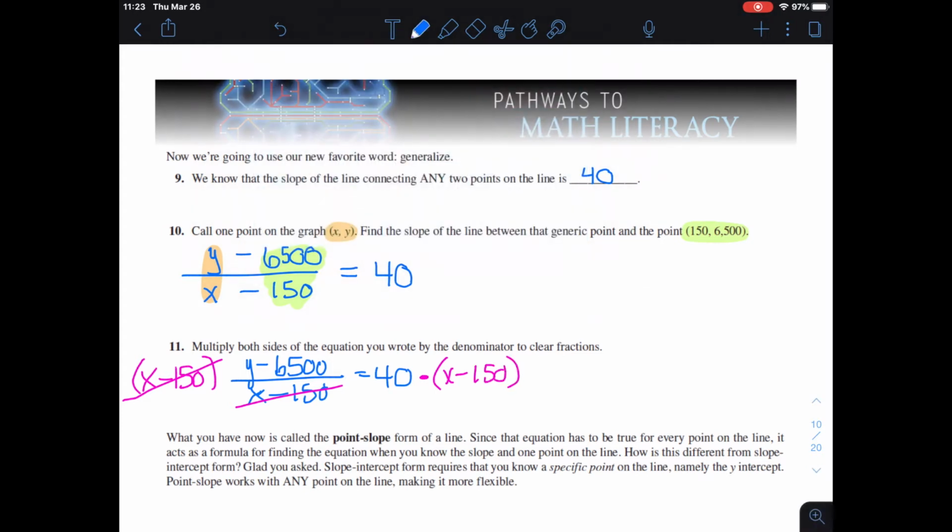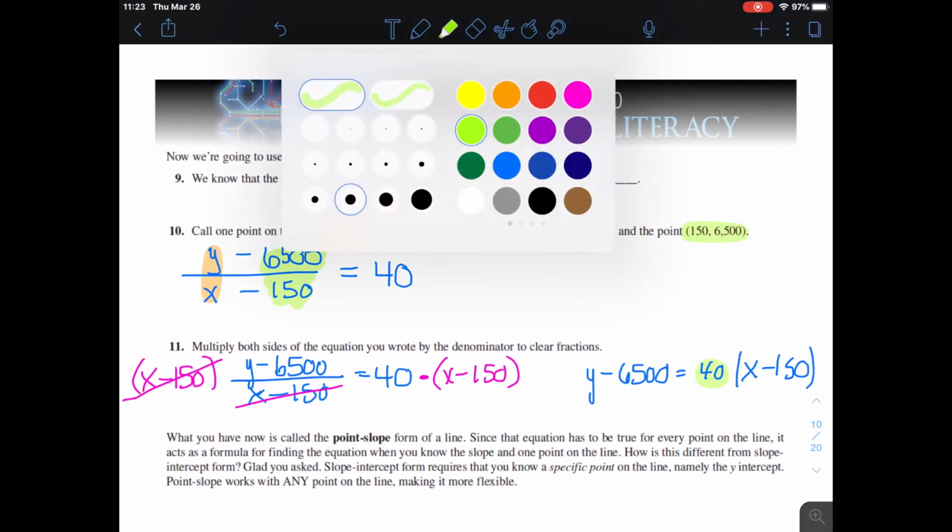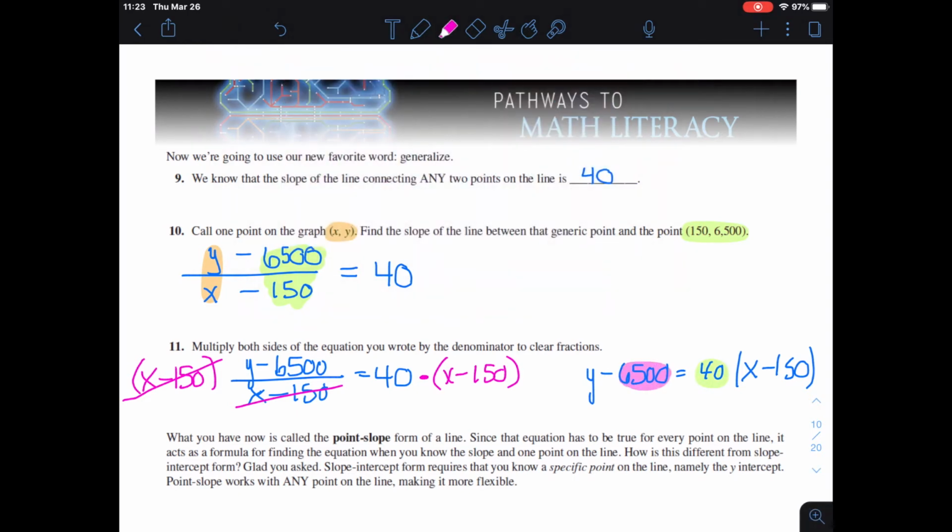So what we'll get is y minus 6,500 is equal to the slope times x minus 150. So this is called our point slope form. The slope is right here, and then you have a point. So you take y minus the y coordinate of the point, x minus the x coordinate of the point. So you really only need to know the slope, and you need to know 1 point on the line, and that will be enough for you to create it.